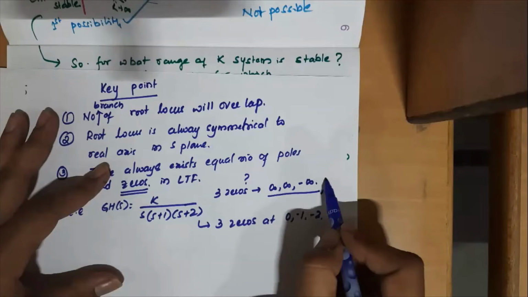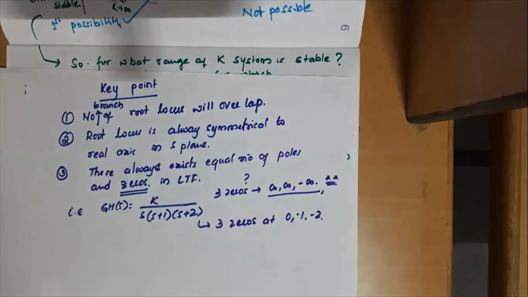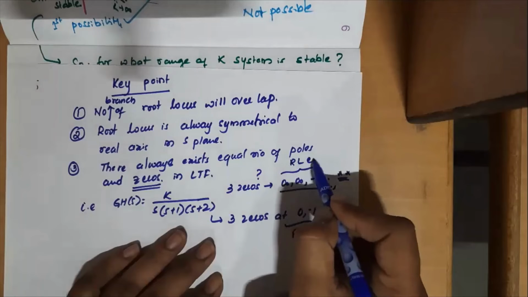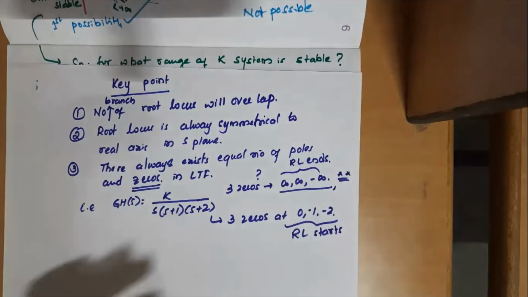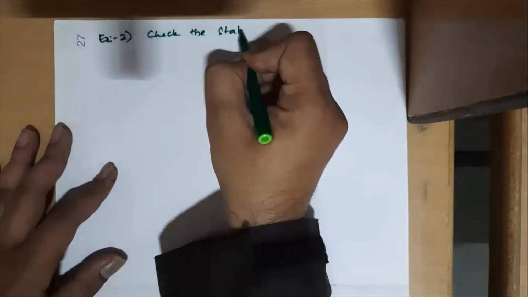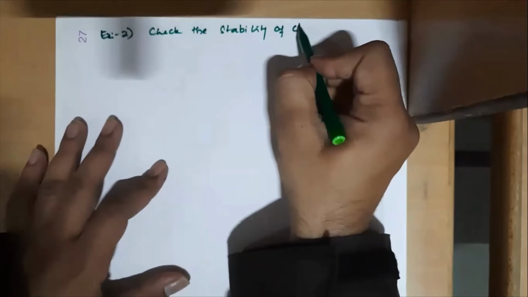If there is no finite number of zeros, they will end at infinity. So root locus starts from poles and ends at infinite zeros. If they end at infinity, we call there exists a zero at infinity. That's it.